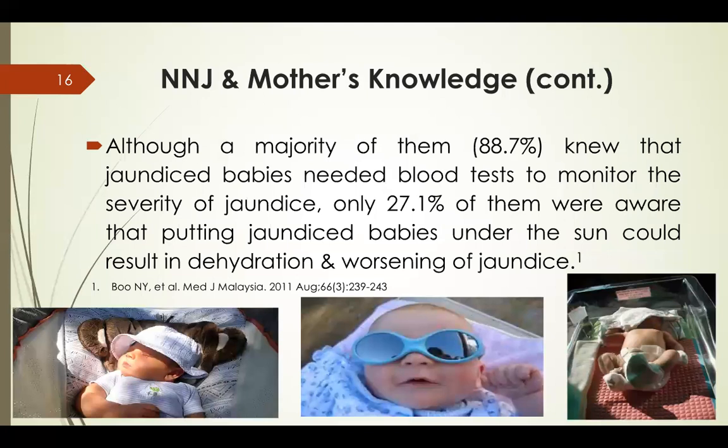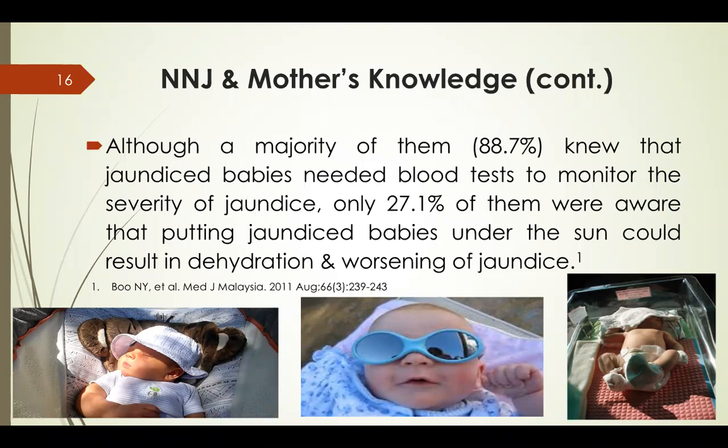Neonatal jaundice is something that you need to, although it's important, but not everyone is aware that putting a neonatal jaundice baby under the sun could cause dehydration and worsen the jaundice.